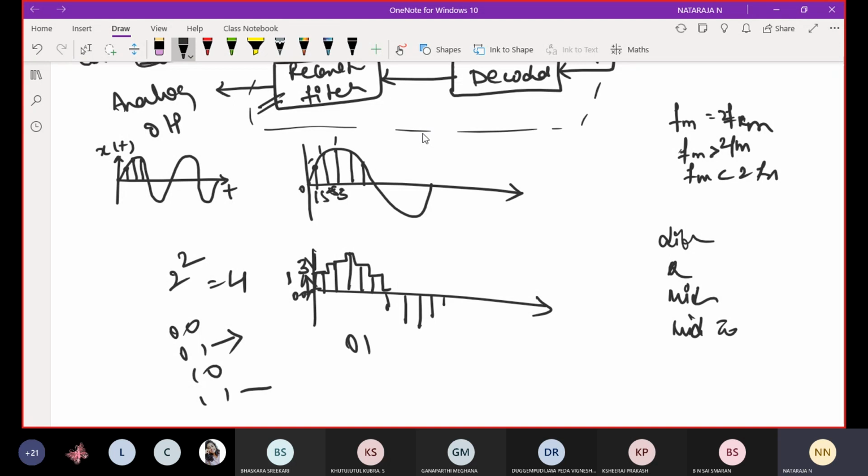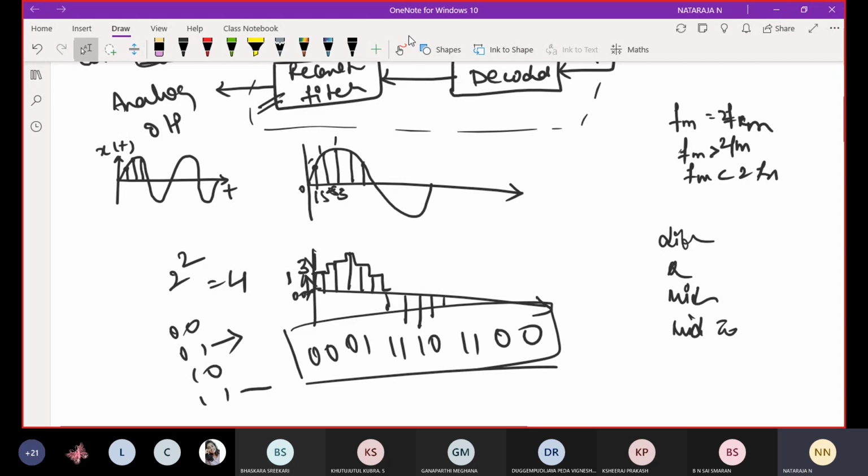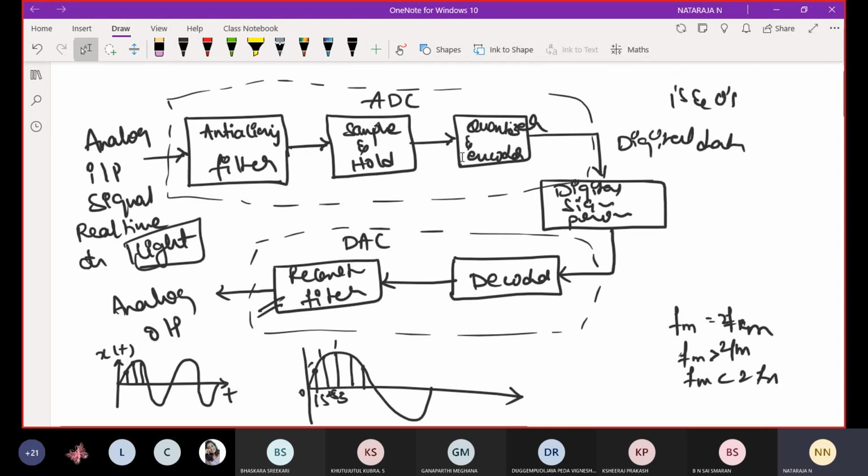Like that, initially it will be 00, 01, 11, and then again decreasing 10, 11, 00. Like that it converts to digital data. Once I use the quantizer and encoder, we get digital data in terms of 1, 0, 1, 0, 0, 1. Like that we get digital data.